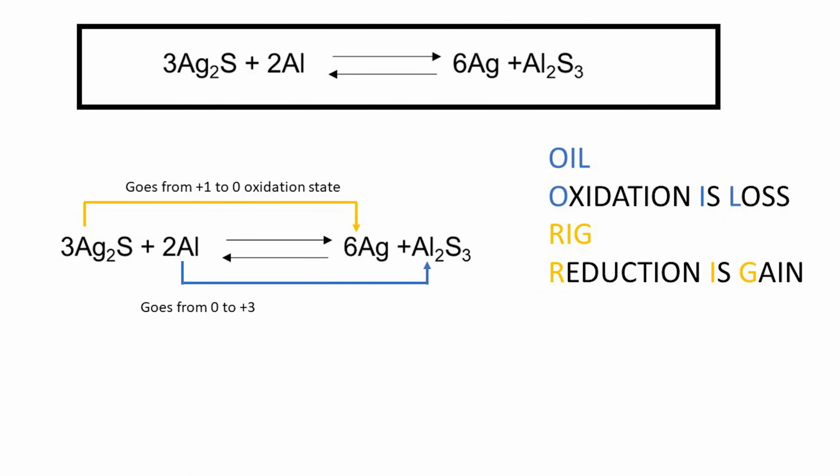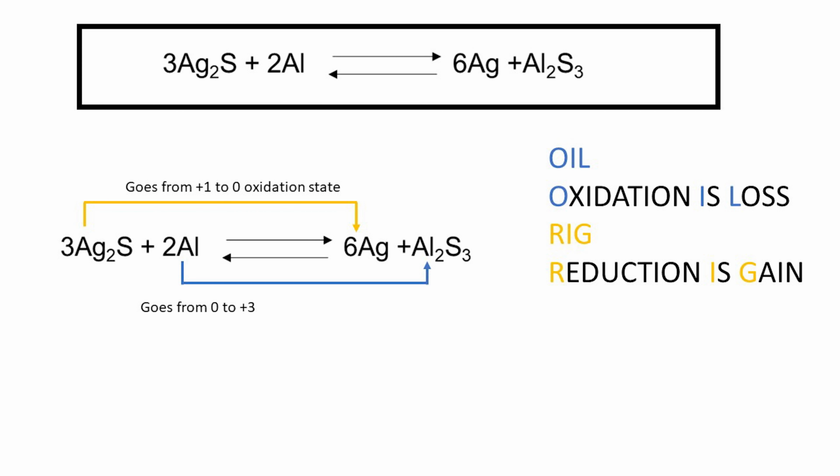Now, here's a formula that shows a reaction taking place. Okay, so the oxidation state of the aluminum is 0, just like the oxygen and silver before. That's correct. Aluminum has an oxidation state of 0. Now, what about the rest? Well, we said earlier that in silver 2 sulfide, silver has an oxidation state of +1, and sulfur has an oxidation state of -2.